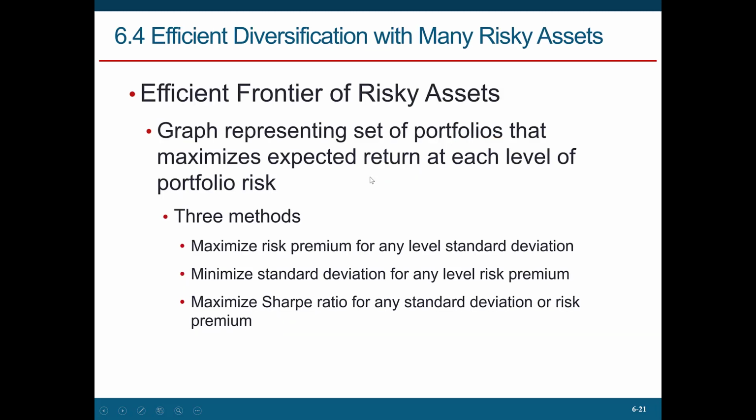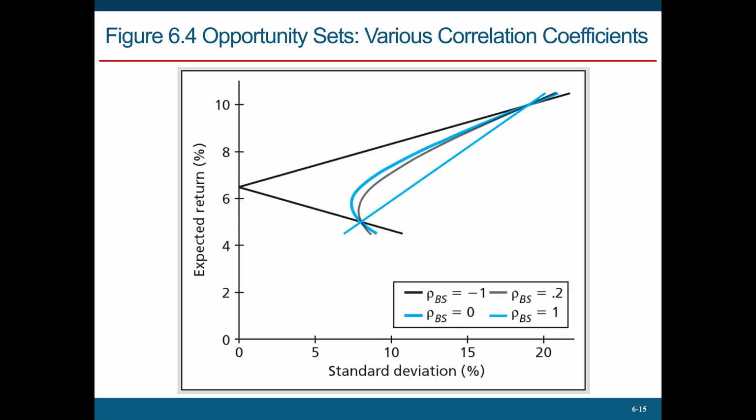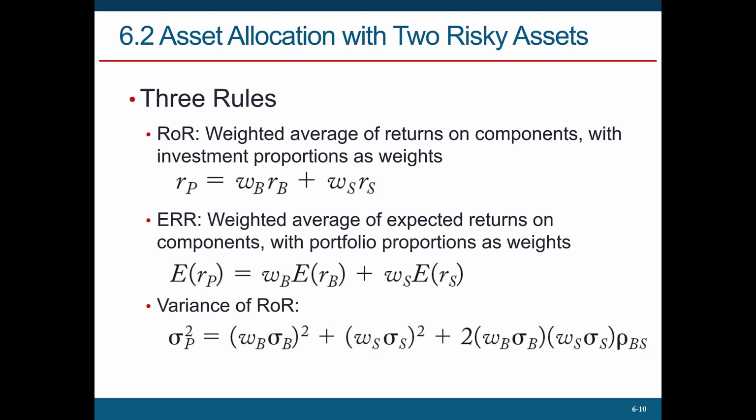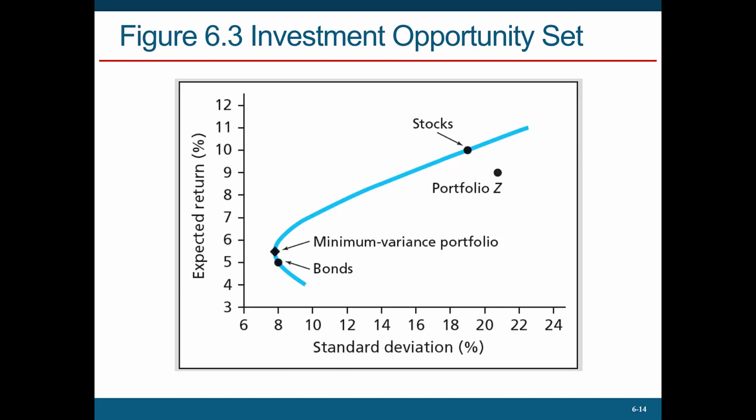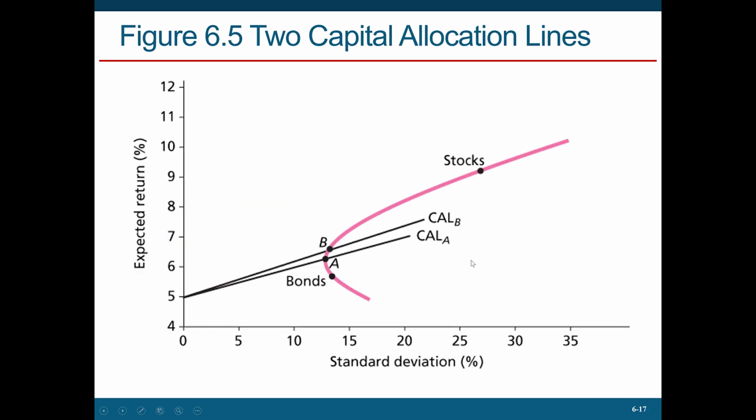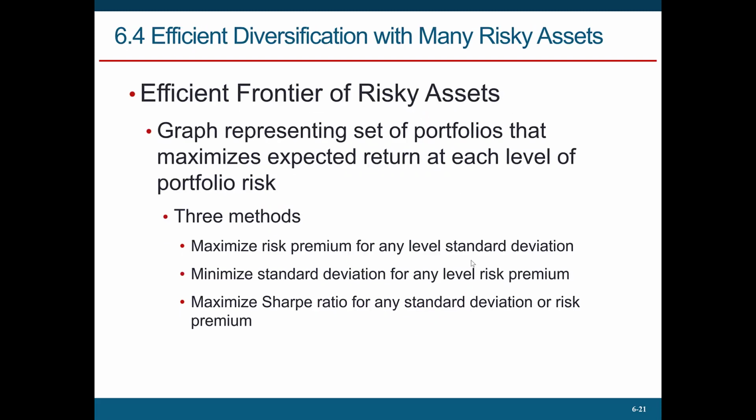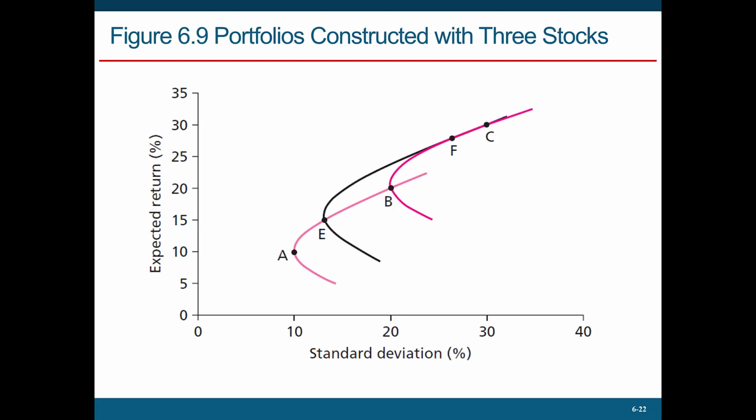Okay, so far our focus has been on a portfolio of two risky assets, right? This is the analysis that we did. This is for a two risky asset portfolio. What happens when I have multiple risky assets, right? So most real world portfolios have more than two assets. They might have hundreds of stocks and bonds together. So when we include multiple risky assets, nothing changes as such conceptually.